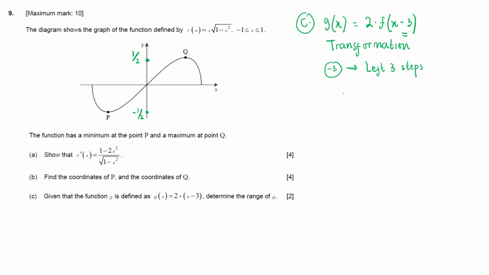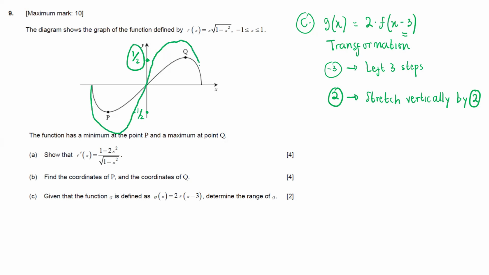Okay, and then the 2 right here, we multiply the 2 with f. It means what will we do? We'll actually do stretch, which stretch vertically because we multiply it with the y. Stretch vertically by 2 means that we multiply the y by 2. Now, if you see, this is the y, right? It means it will be stretched. It's going to look something like this.